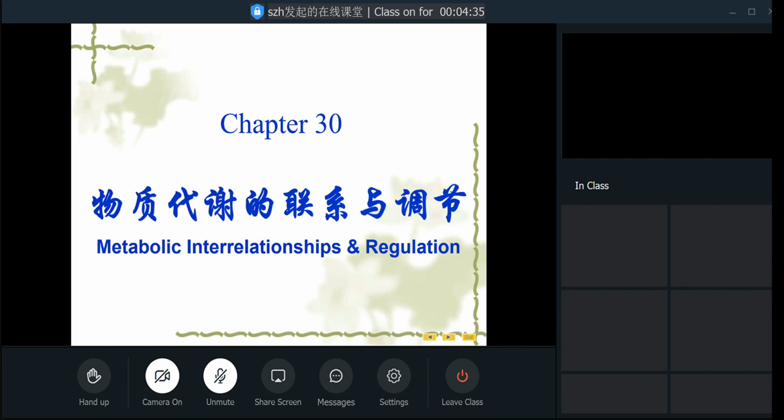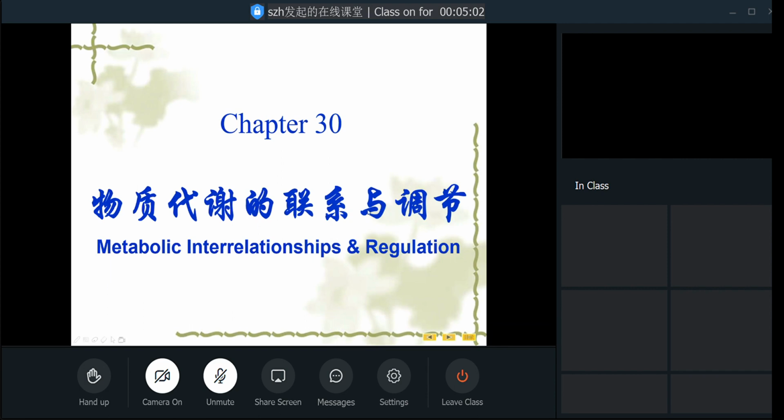And we summarize the characteristics of the metabolisms, including the metabolism of carbohydrate, lipid, protein, and nucleic acid. All kinds of the substances you can see are interrelated.